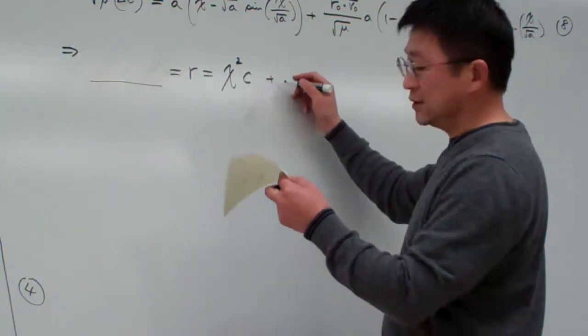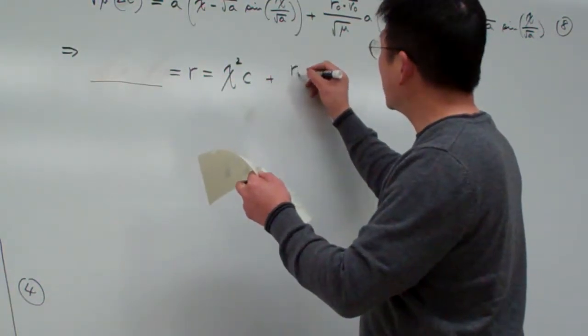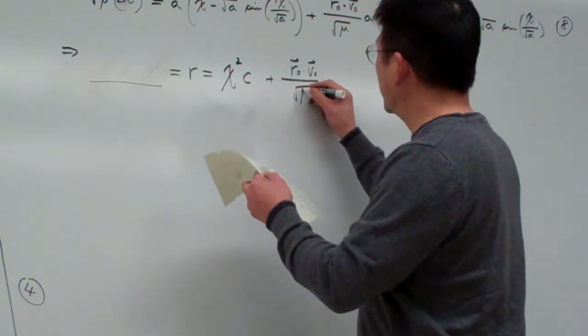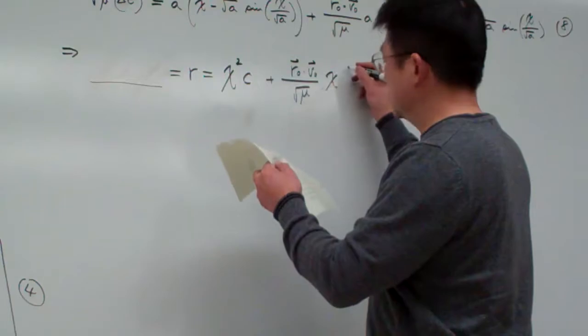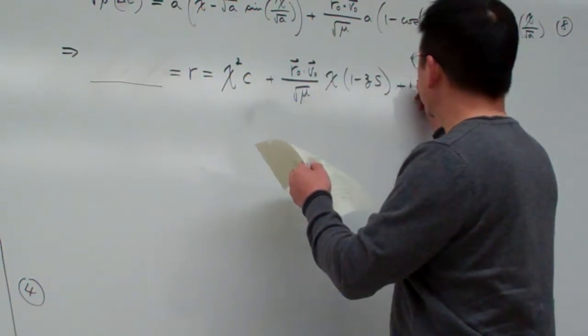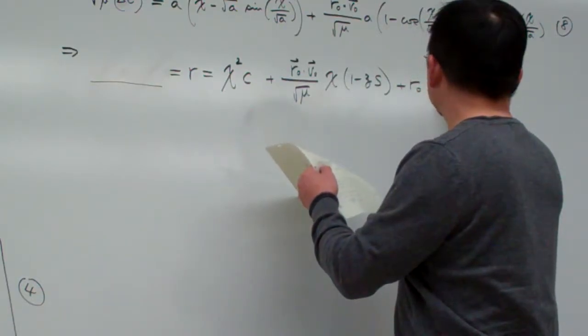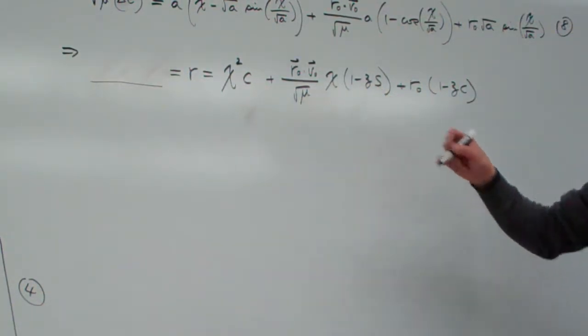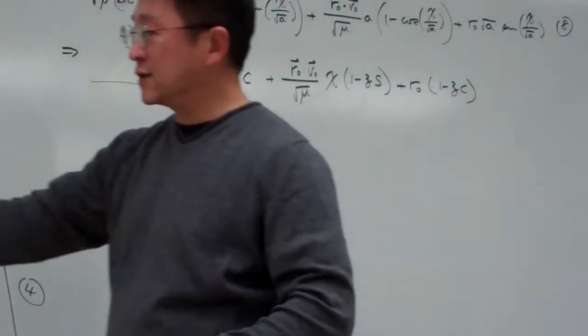I drop off the z, and plus r0 dot v0 over square root mu cos c squared times 1 minus z S, plus r0 times 1 minus z C. Here again, C and S are functions of z.